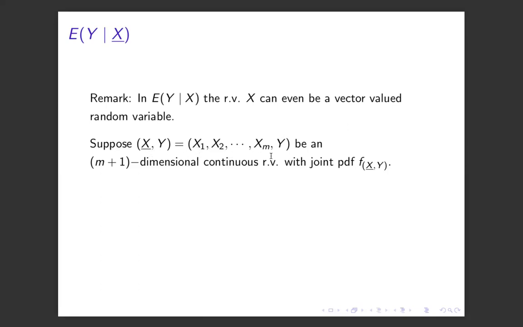So let's say x is an R^m valued random variable, so x1, x2, ..., xm are the coordinates. Let (x1, x2, ..., xm, y) be an m plus 1 dimensional continuous random variable with a joint PDF, with this notation. So this is a function on R to the power m plus 1.